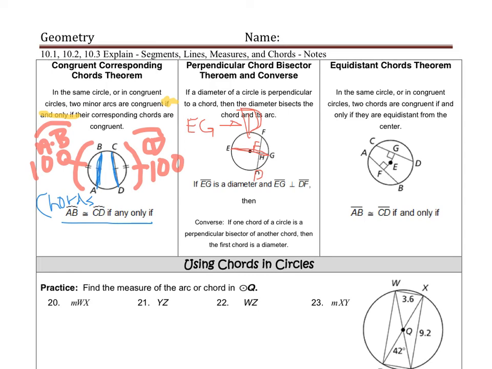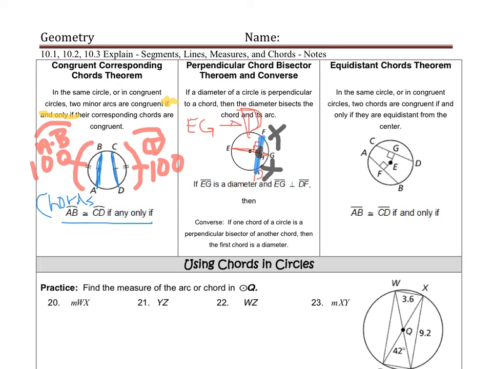Let's think about what that's going to do if it's bisected. First of all, doesn't that mean that this piece and this piece are congruent? Isn't this point right here in black a midpoint on the chord? And also, arc FG and arc DG are going to be congruent arcs. Okay.